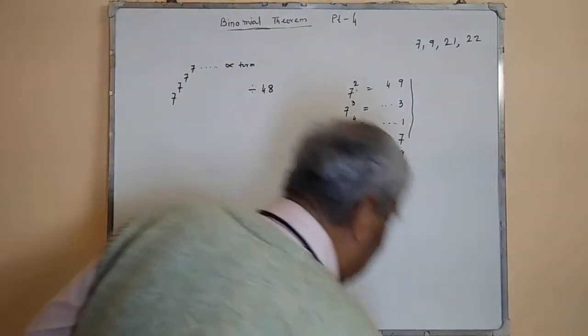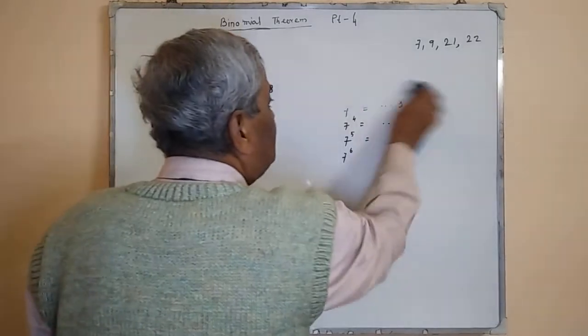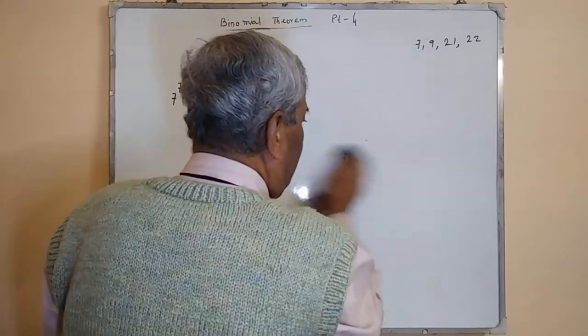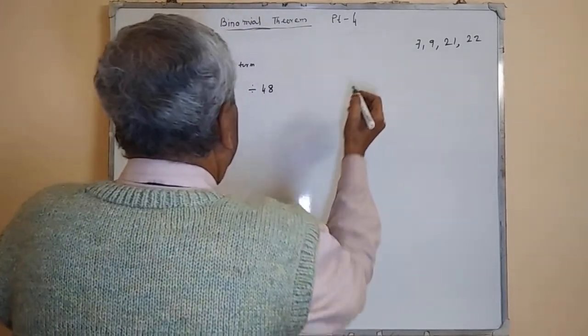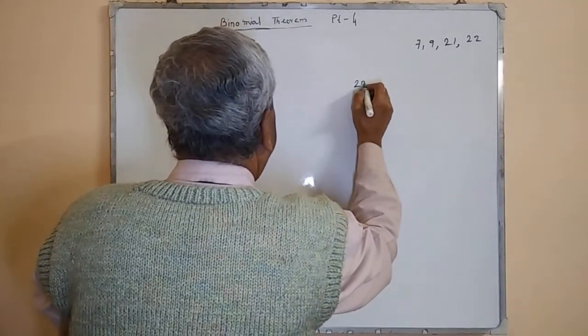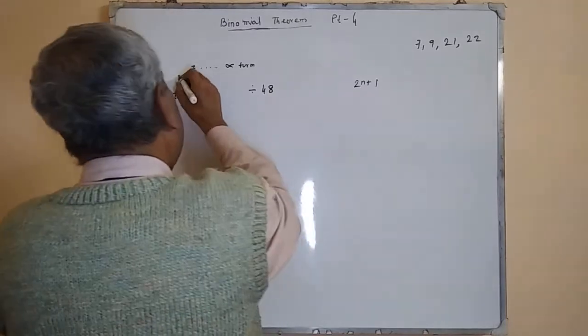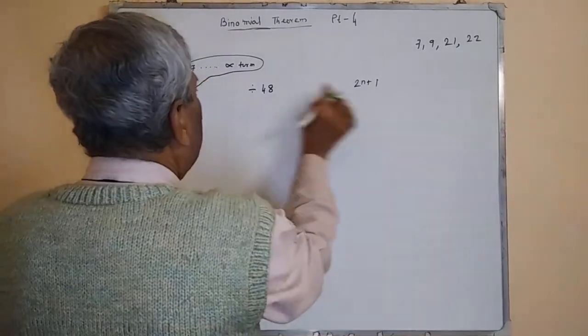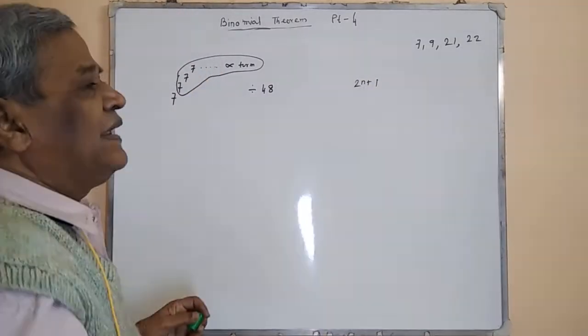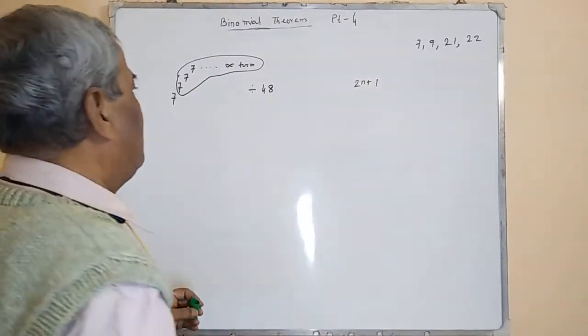Let us take this as 2n plus 1. Now this is an odd number, so it can be very easily taken as 2n plus 1.